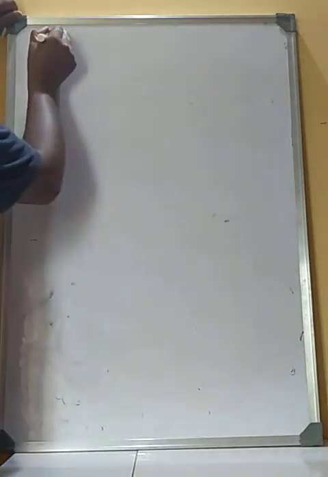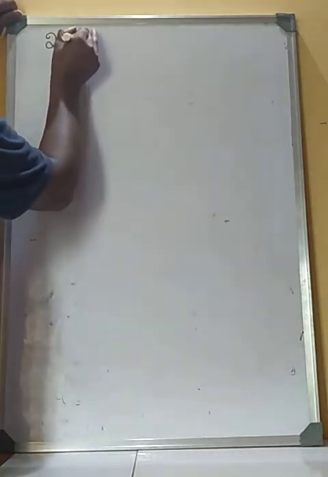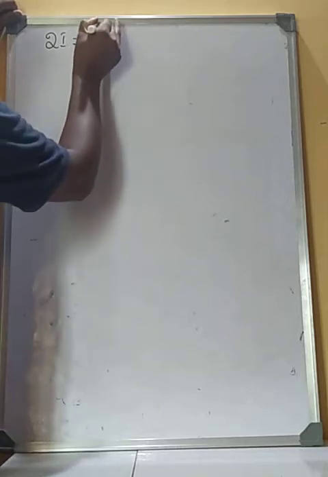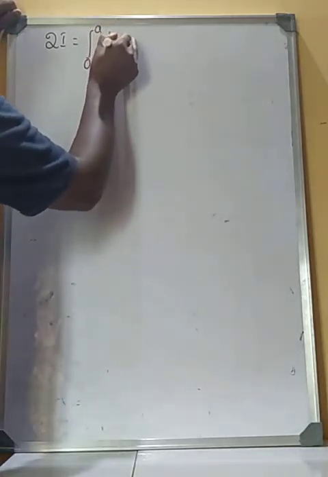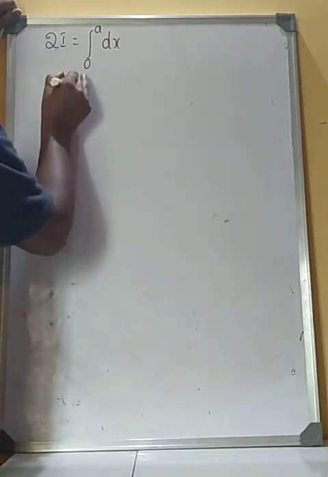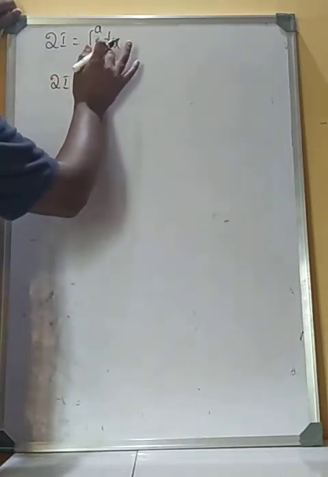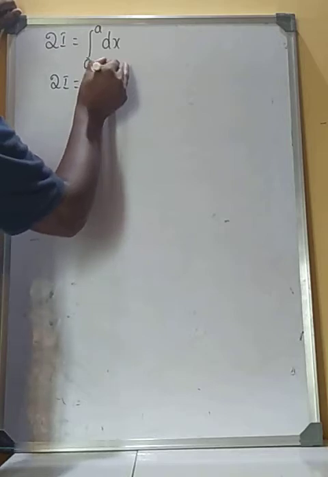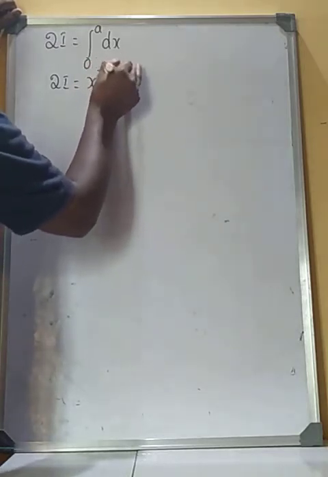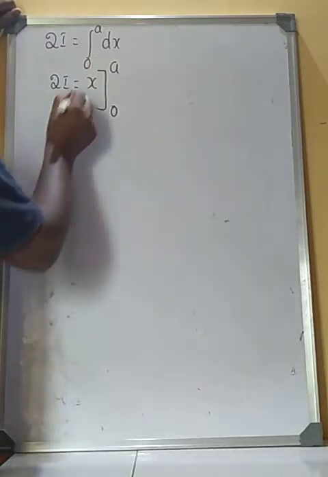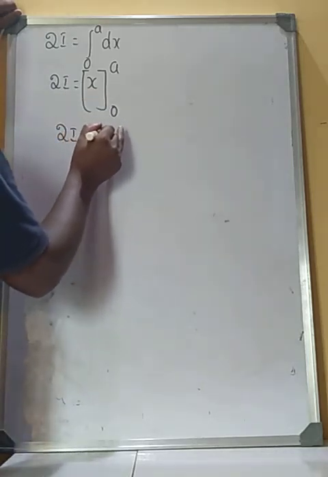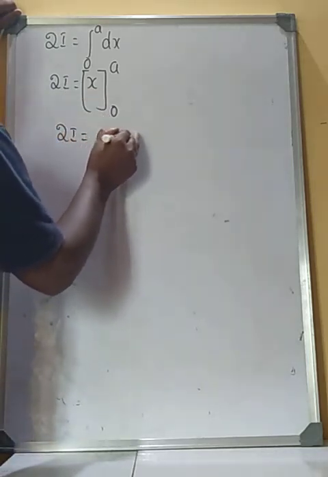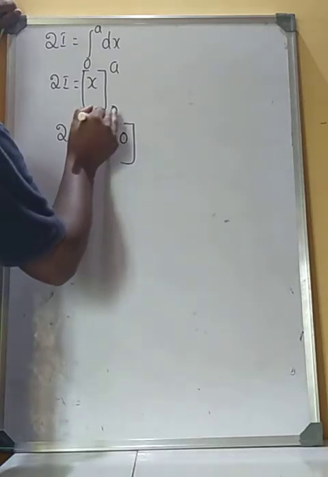So therefore 2I is equal to integral 0 to a dx. Therefore 2I is equal to integral of dx is x, upper limit is a, lower limit is 0. Therefore 2I is equal to a minus 0.